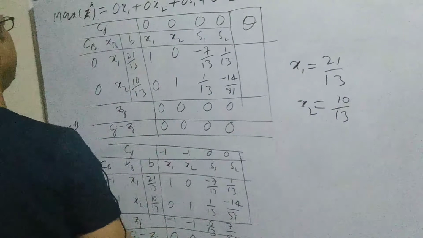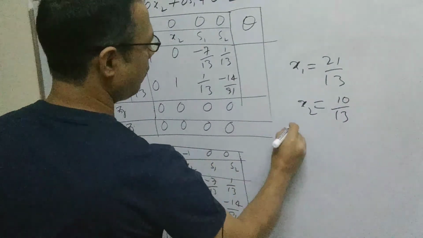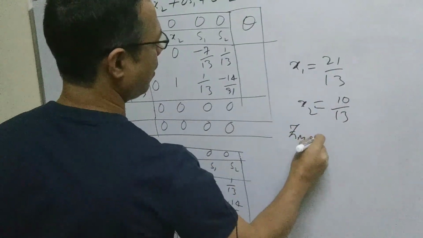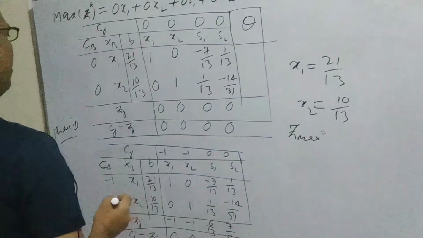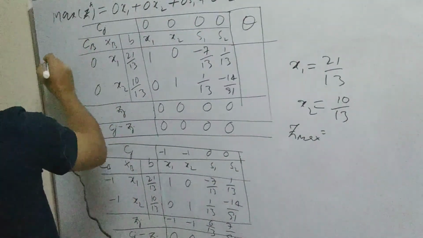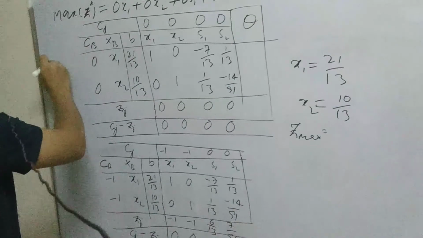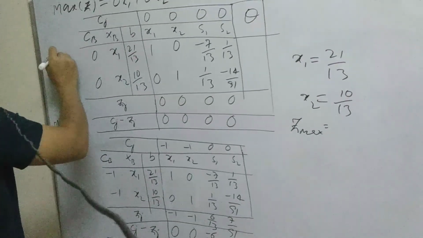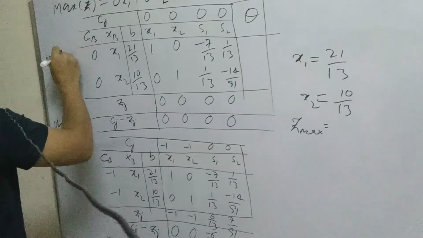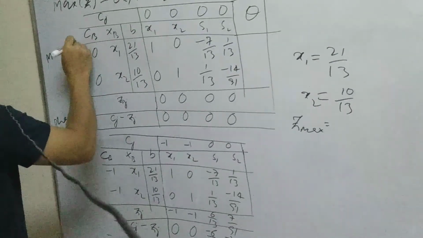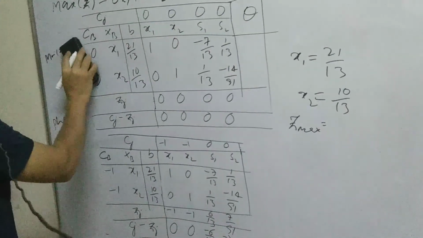So to find z, first we need to find z maximum, because z maximum I have already given here. If you see from the question, I have given minimum z is equal to x1 plus x2. This term I have already given into z.